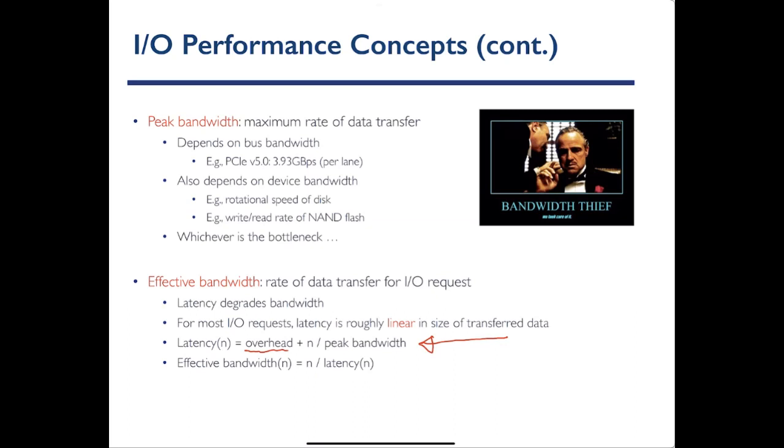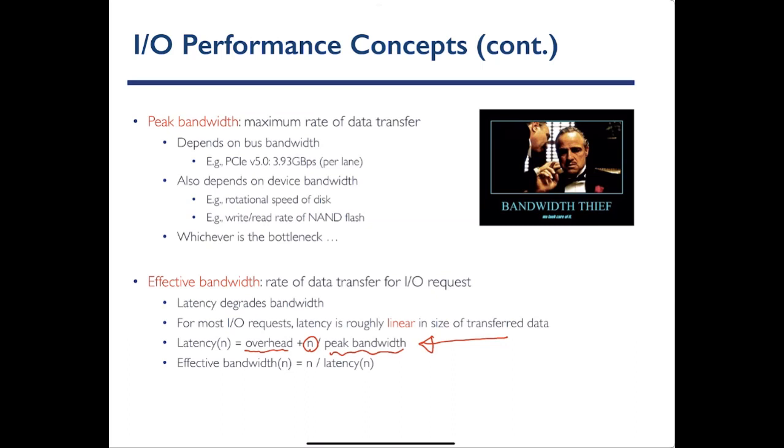Now, if you have requested n bits or n bytes, how long does it take for the data to be transferred? Well, you're limited by your peak bandwidth. This is the maximum bandwidth you have to transfer your data, right? So overall, it takes n divided by your peak bandwidth to transfer your data.